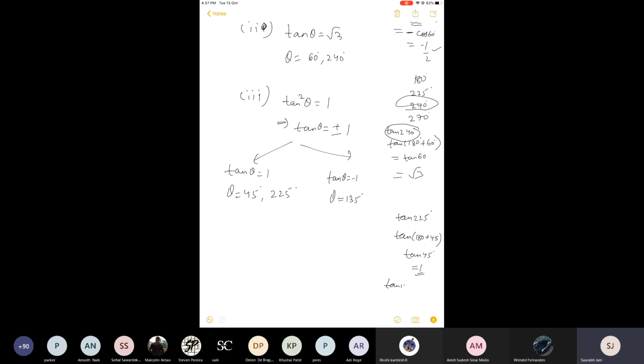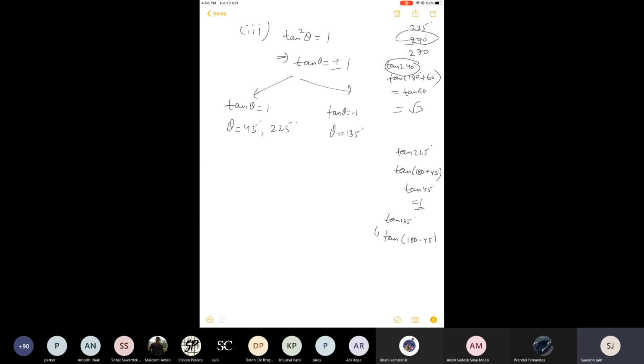So 135 is 180 minus 45. Tan of 180 minus 45 is minus tan 45, so the value will be minus 1. Similarly, the next one will be 315 degrees. This you can calculate by 360 minus 45. It will become minus tan 45. So overall we have these four angles. You can write them in ascending order.